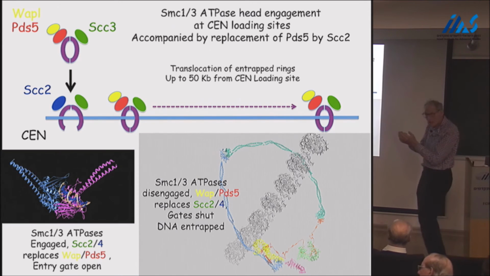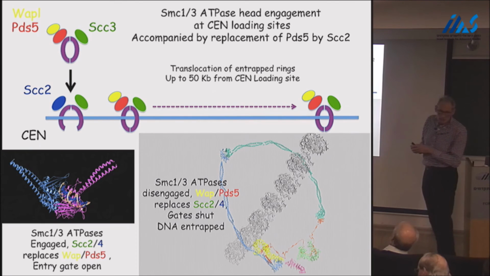You open up the ring and you attempt to do a loading reaction, but then you can't hydrolyze and you drop back off again. But what would normally happen in wild type is you get to this state and then you hydrolyze ATP, you shut the ring, you entrap, and now the SSE2 is displaced by the PDS5, and now the version of cohesin you see on the chromosome is the version that contains PDS5.